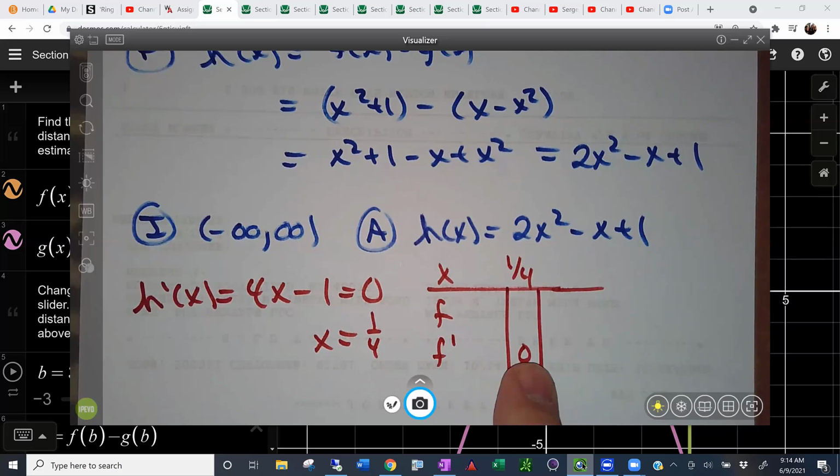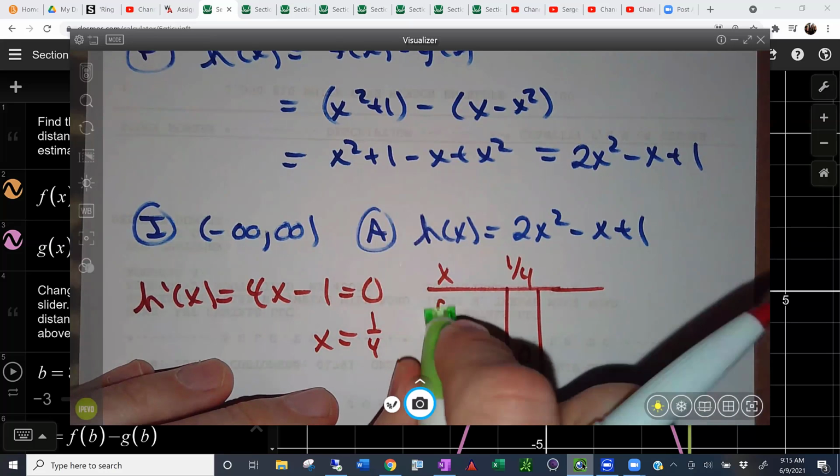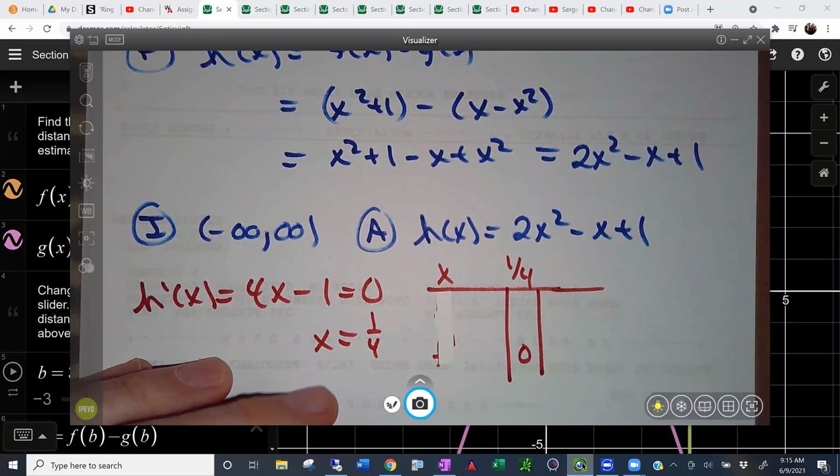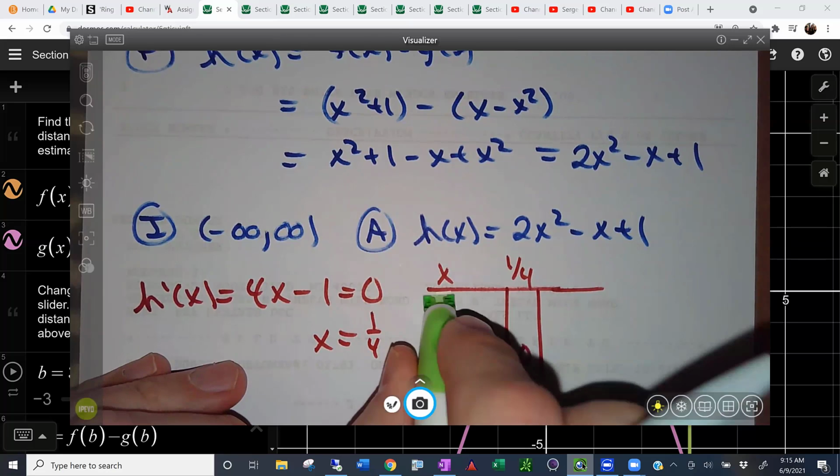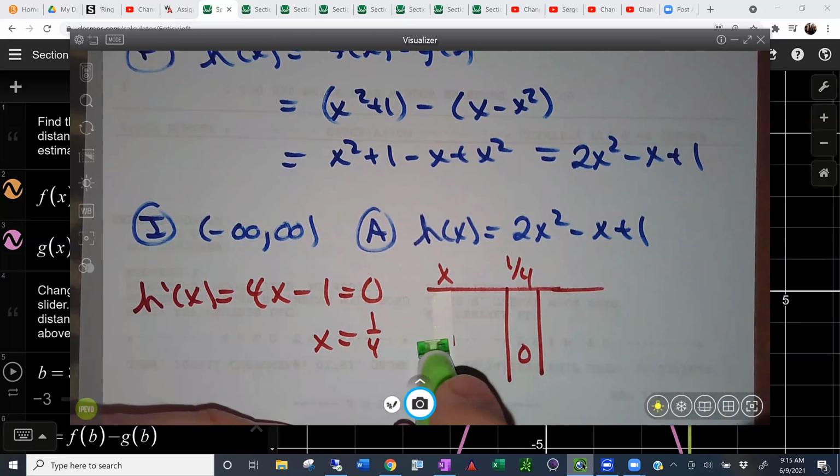But let's look to the left of it. If I put in a value of x to the left of this, like maybe x equals 0, what's the sign of the derivative going to be? I guess I wrote f instead of h. Probably should have written h. There we go.